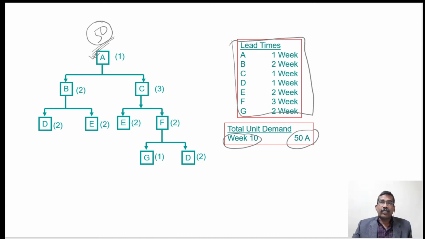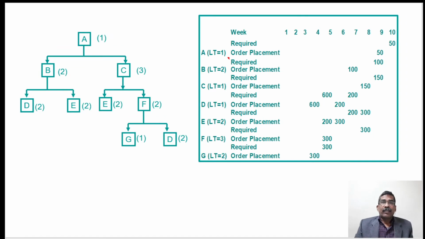Now how to process it, we can learn here, that in this bracket term, this is shown as a volume required for one piece of A, and for one piece of A, the 3 components of C are required. So in this way all the different components required per unit of the assembly are given here, and you can see that A is required in the 10th week.